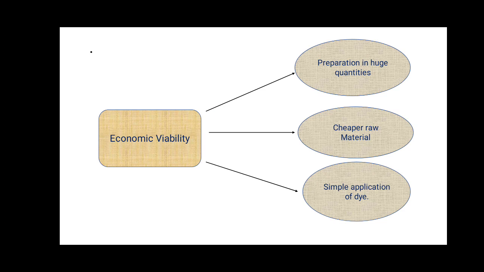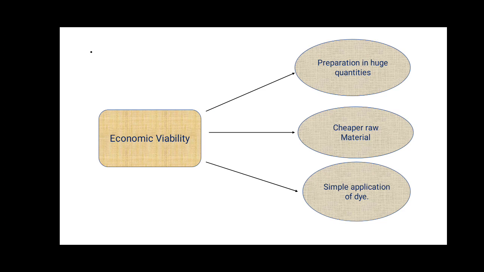The price of a dye depends on preparation in huge quantities, whether cheaper raw materials are used or not, and then the simple application of the dye. Dyes are prepared in huge quantity to be applied to the vast amount of fiber and fabric.